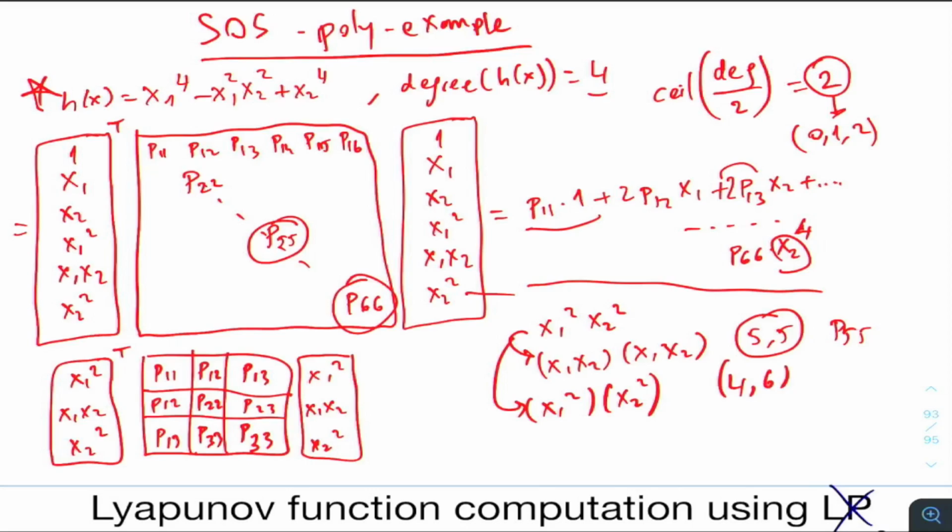What is the term? P66, not P6. Wait a sec. No, yeah, P46, right? Am I making a mistake?